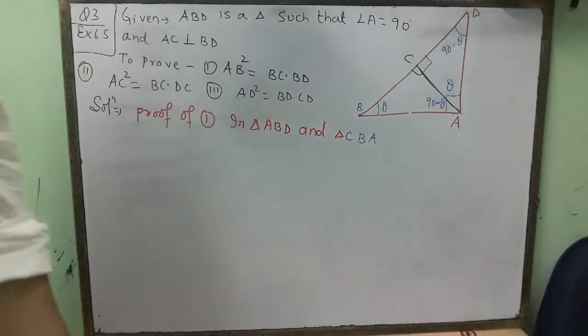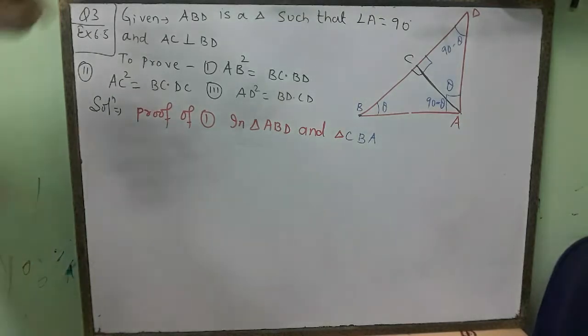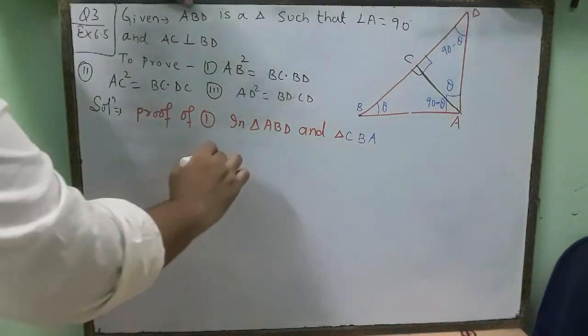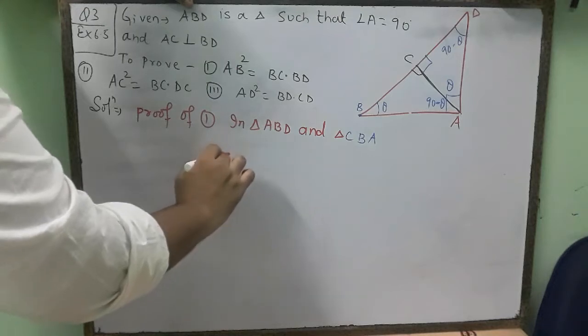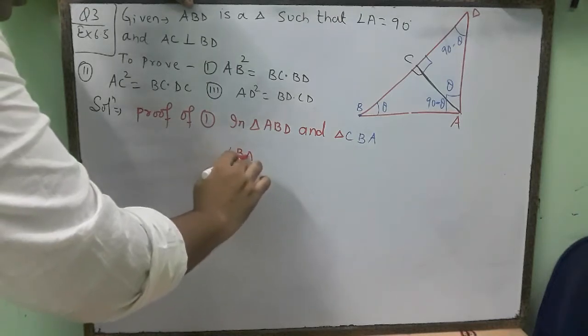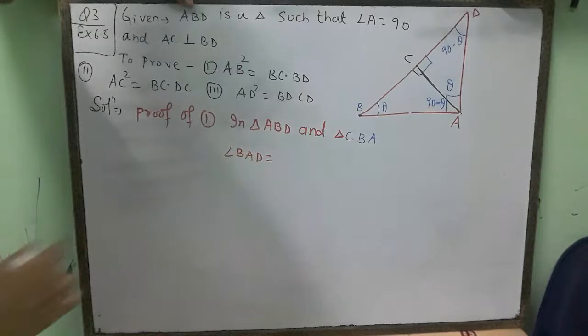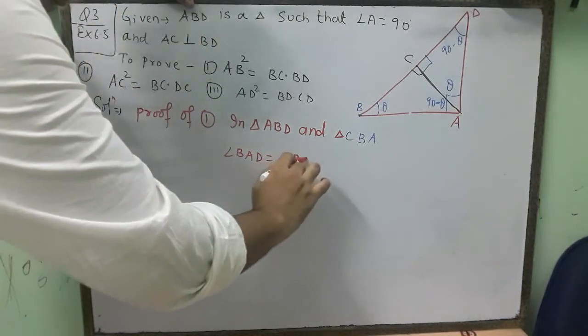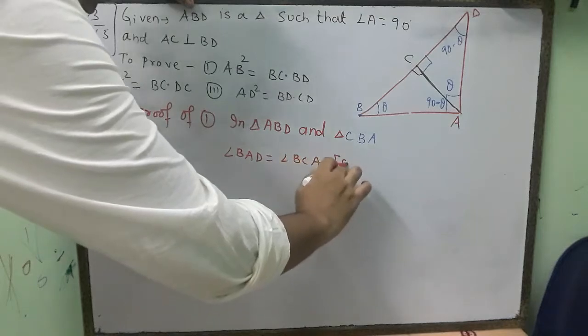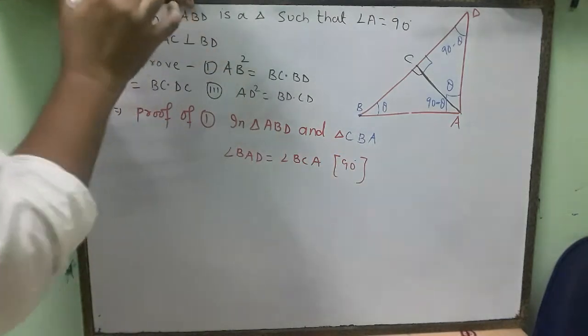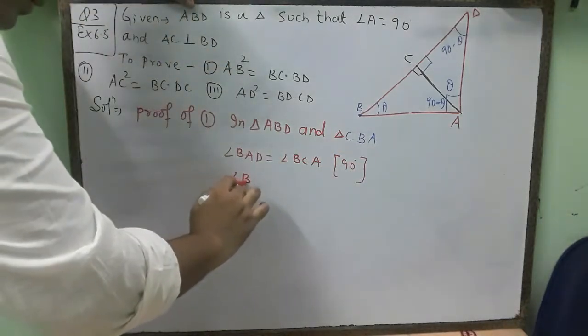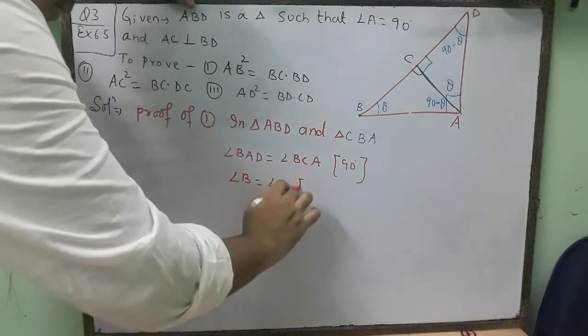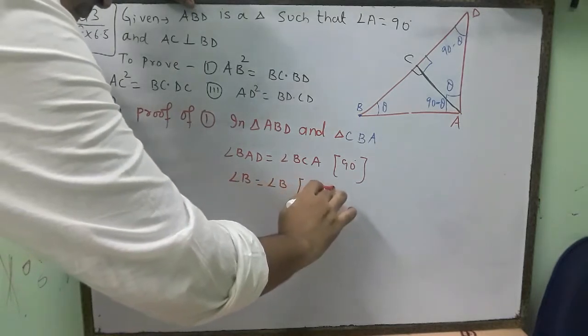And do the similar and solve this equation. So first thing is that angle BAD is equal to angle BCA, that is equal to 90 degrees. Second one is angle B is equal to angle B, that is common.